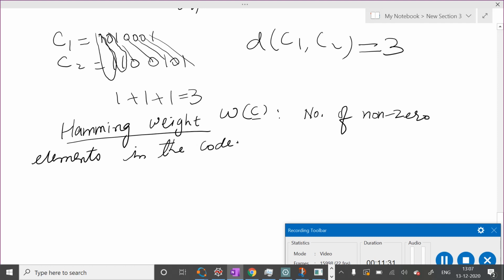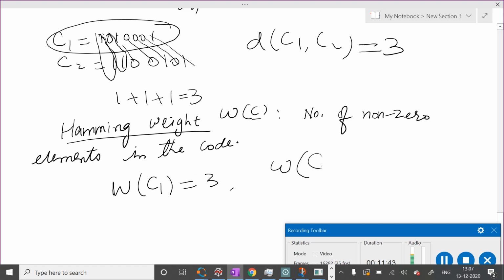Again, take the Hamming weight of C1 in this example. How many non-zero elements are there? 1, 2, 3. And the Hamming weight of C2: 1, 2, 3, 4.